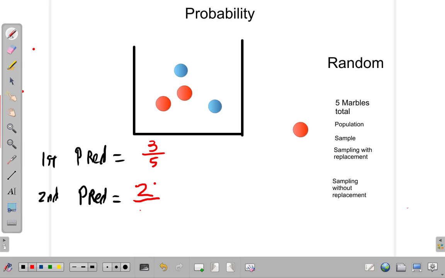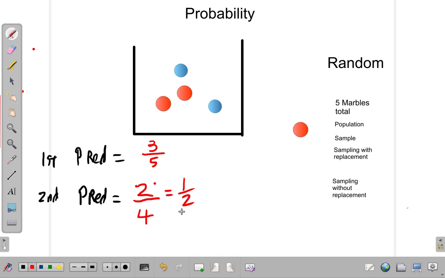So it is 2/4, which is the same as a half. Alright? So that's the probability of you picking a red on the second pick. Alright? So in that case, we're looking at sampling without replacement. Without replacement means you put it down outside and you don't replace it, you don't put it back.